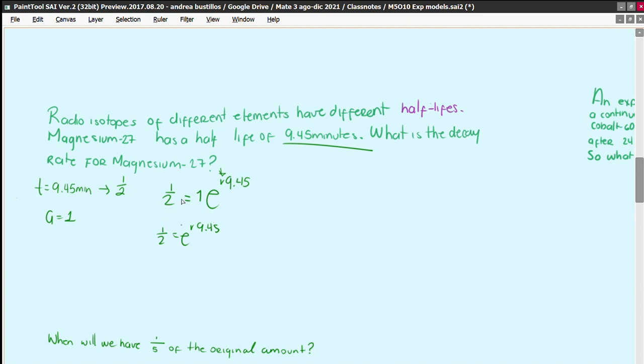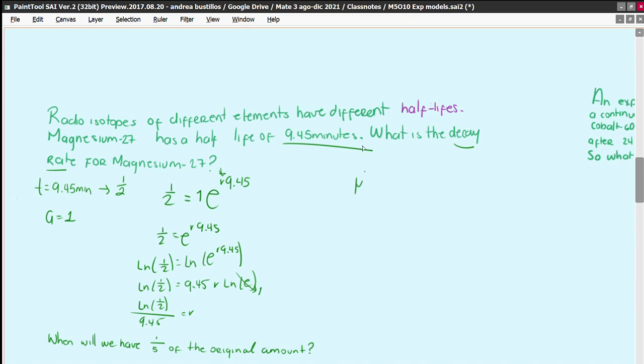Now I can rewrite this as an exponential equation or apply a logarithm on both sides. So this is the natural logarithm of 1/2 equals 9.45 r times ln of e. By now we know that this is 1. So the natural logarithm of 1/2 over 9.45 equals r. This is my rate of decay. If we plug this into a calculator, you're going to find that it is negative, so it is actually the decay rate.